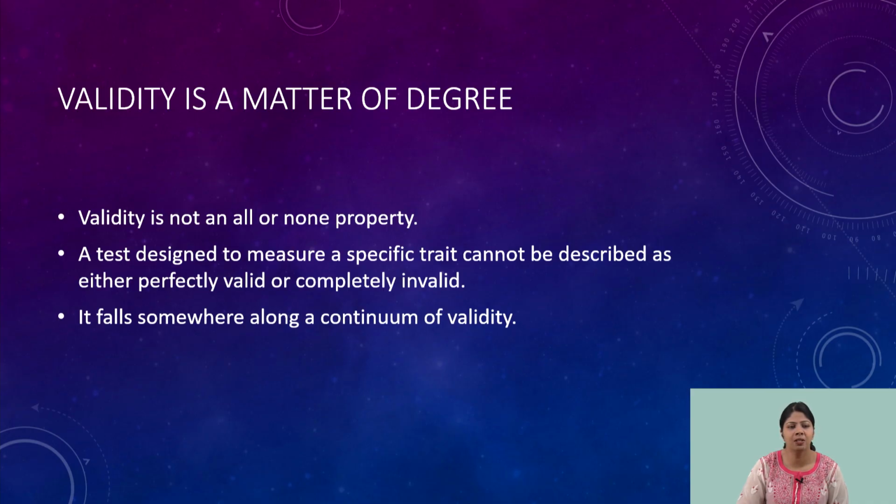Validity is best seen as something that falls on a continuum from minimum validity to very high validity, and tests can fall anywhere in between. And again, for different attributes and with different methods of validation, different validity coefficients would be considered acceptable or good.